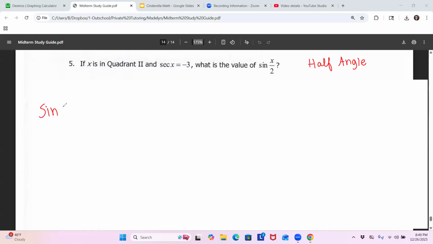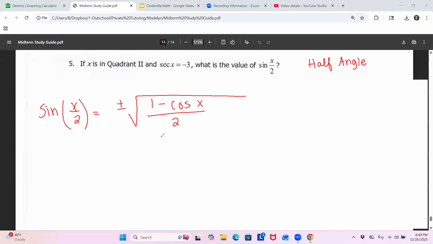So sine of an angle cut in half, here's the formula. Plus or minus, we have to decide that. We will in a second. Big root, 1 minus cos of your angle, over 2. Whole thing's in the root.